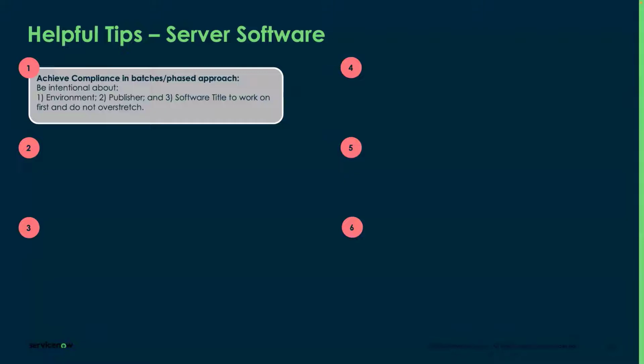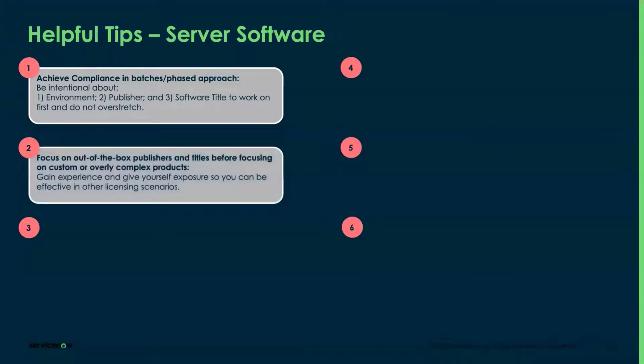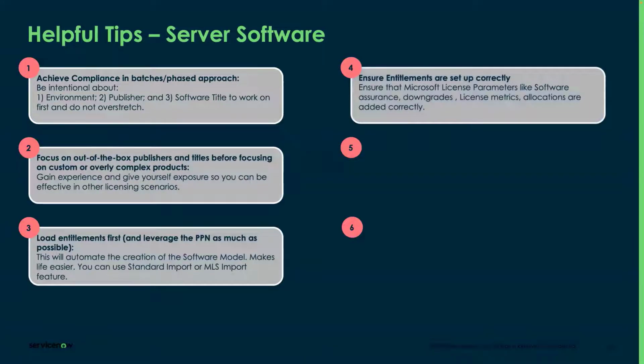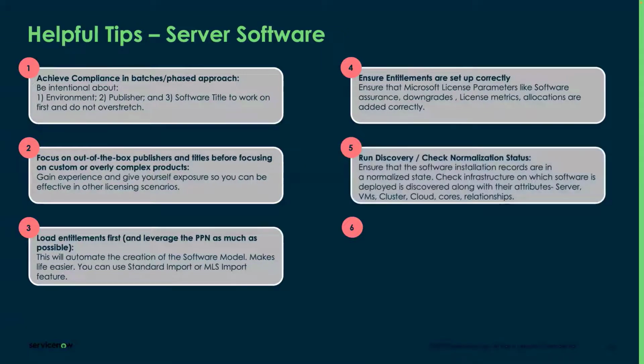For example, take SQL and Windows first, and then move to more complex ones. Focus again on the out-of-the-box support for SQL Server. Load entitlements first. Leverage PPNs as much as possible. Ensure your entitlements are set up correctly. Use PPNs. Ensure downgrades are there. Check run discovery. Check normalization.